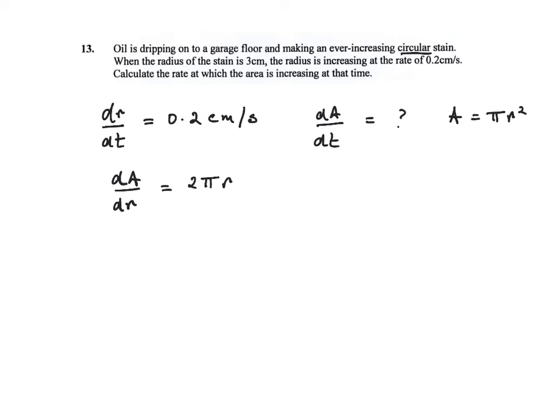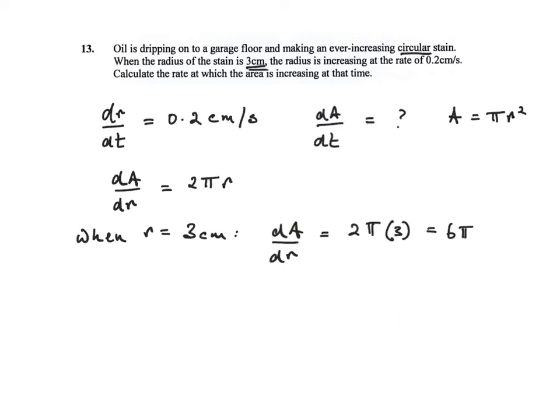Now it then says when the radius of the stain is 3 centimeters. So when r equals 3 centimeters, we've got dA by dr 2 times 3, and that's 6 pi.